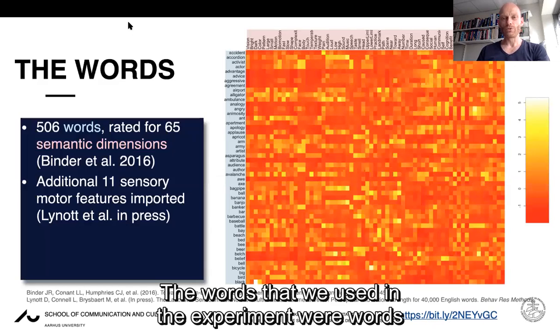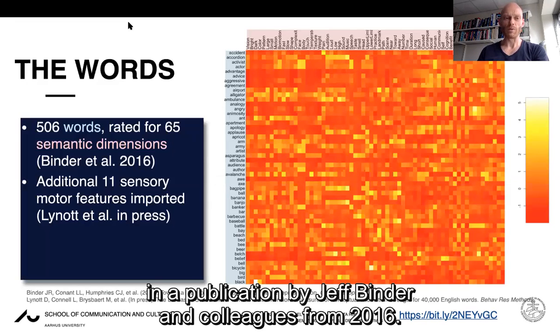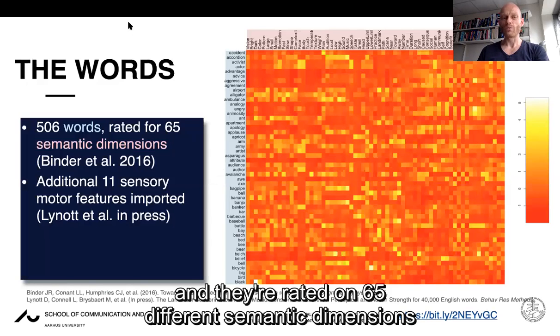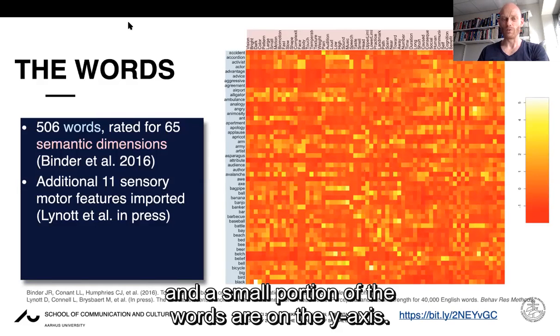The words that we used in the experiment were words from the Binder database, in a publication by Jeff Binder and colleagues from 2016. We used 506 of these words, and they're rated on 65 different semantic dimensions that you can see here on the x-axis in the plot, and a small portion of the words are on the y-axis.